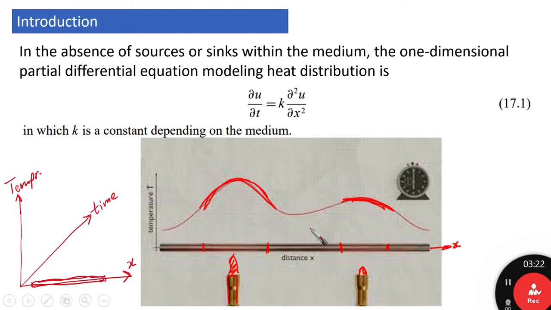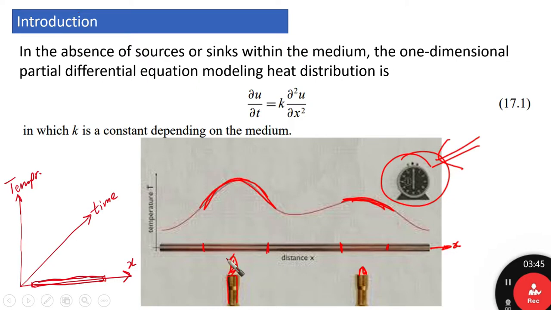The point is, we want to know this function, which describes the temperature over the length of the bar, and how it will be changing with time, so we have the time variable here.